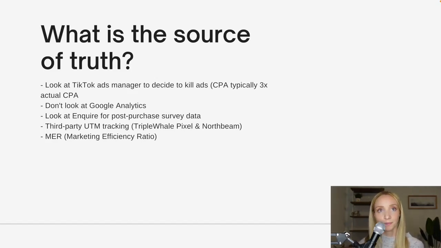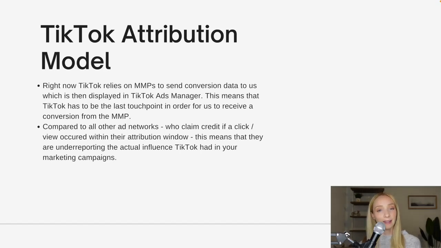In more detail, a bit more of a deep dive into exactly how TikTok's current attribution model works as of February 2022. Right now, TikTok relies on MMPs to send conversion data to TikTok, which is then displayed in TikTok Ads Manager. This means that TikTok has to be the last touch point, also known as last click, in order for TikTok to receive a conversion from the MMP.